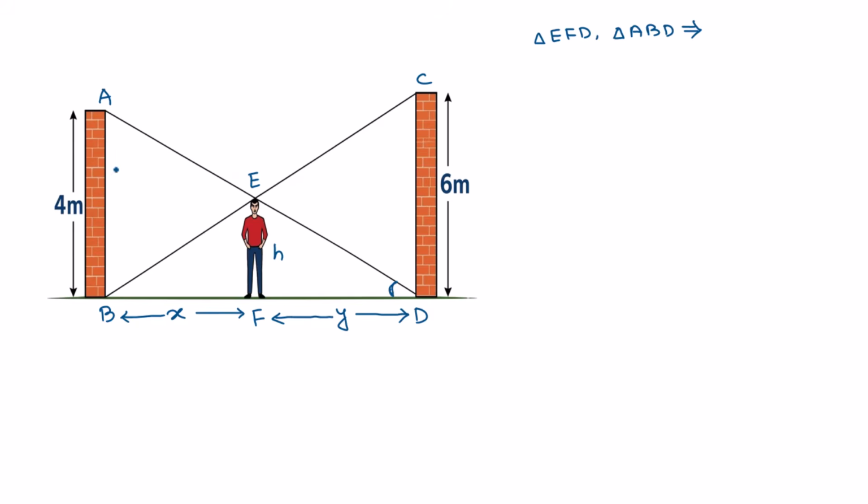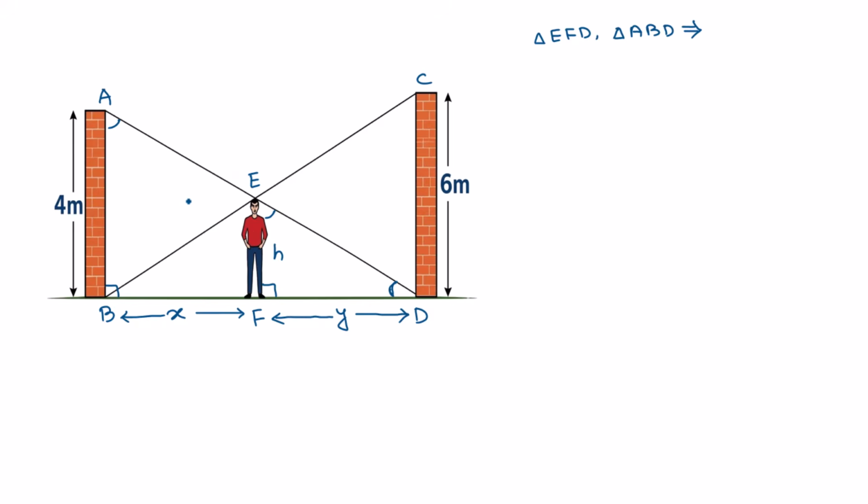As these two are perpendicular to the ground, this is 90 degrees and this will also be 90 degrees. So these two angles are equal, so the rest of these two angles will be equal. So triangle EFD and triangle ABD, these two triangles are similar triangles.